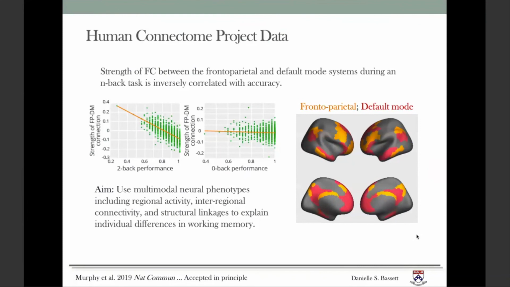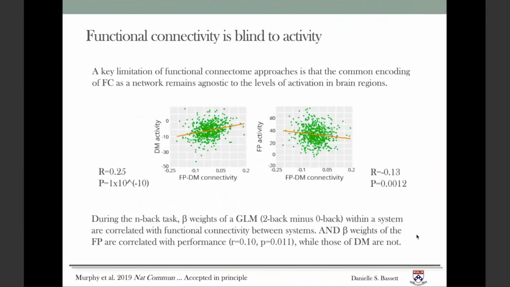So our aim here was to use multimodal neural phenotypes, including regional activity, interregional connectivity, and structural linkages to explain individual differences in working memory. And I'd like to mention here, again, a big limitation of prior work, but also what I've shown you so far, which is just that functional connectivity, as we know, is completely blind to activation.